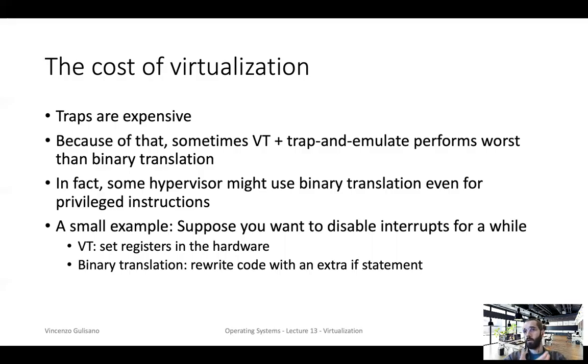On the other hand, it might perform better to just translate, sort of recompile, the set of instructions you are going to execute, and replace all the sensitive or privileged ones that are trying to disable interrupts with an if statement.